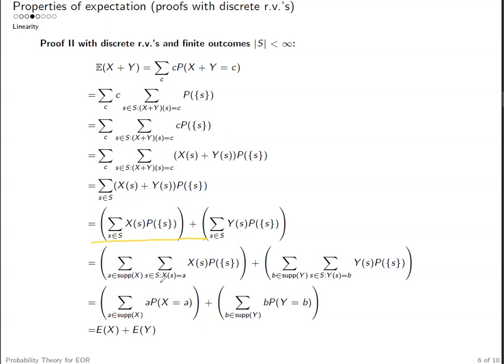We're gonna group outcomes together if those outcomes are mapped by the random variable x to the same value a. And we're gonna sum over all possible values taken by this random variable x. So the first term can be rewritten in this format.